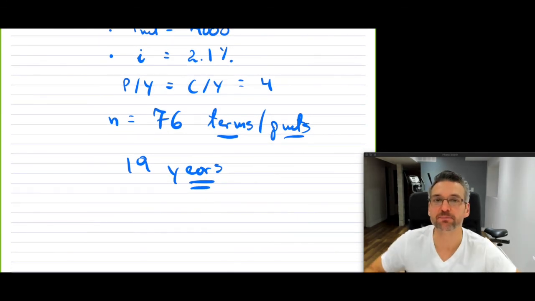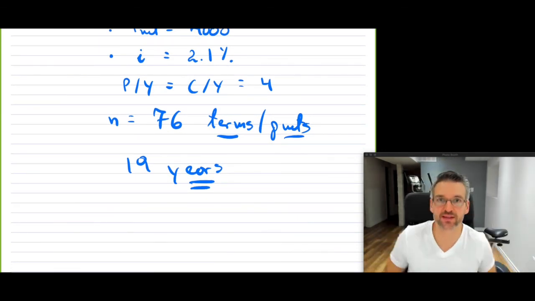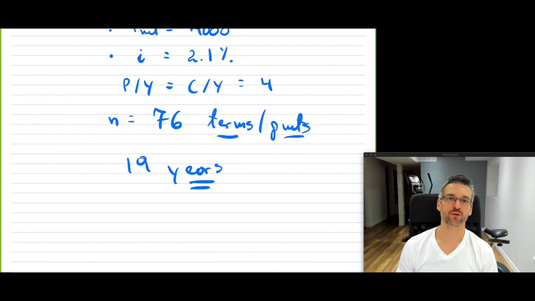So things to keep in mind when you're entering this in, because we didn't really run into this problem in the previous lessons. Before, we didn't have payments and present value or payments and future value. Now we have them.